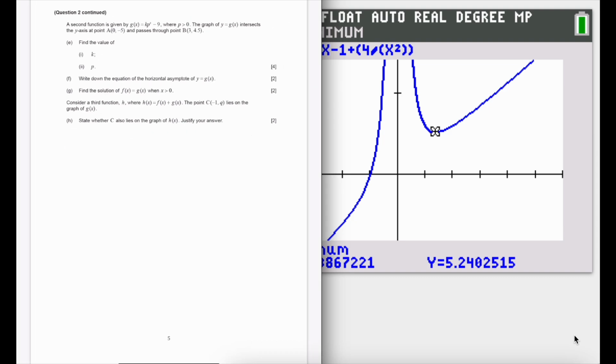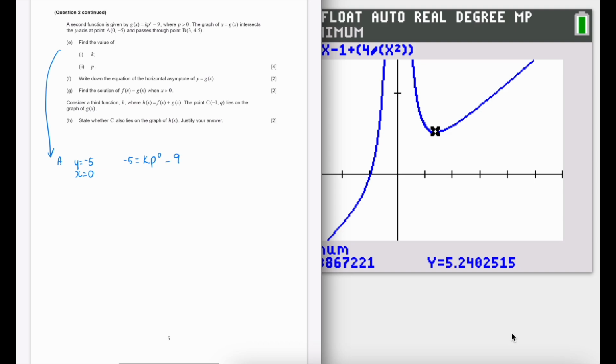so we can do that by using those two coordinates to help us find the answer. So if I do this down here, we can see that when using coordinate A, when y equals minus 5, x is equal to 0. So that's just using those two parts of my coordinate. So the equation is g of x, or y, so minus 5, equals k, and then I have p to the power of 0 minus 9.